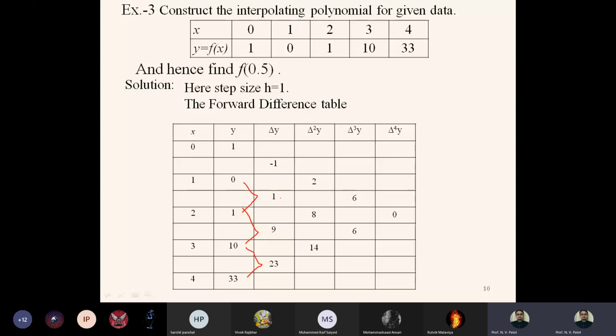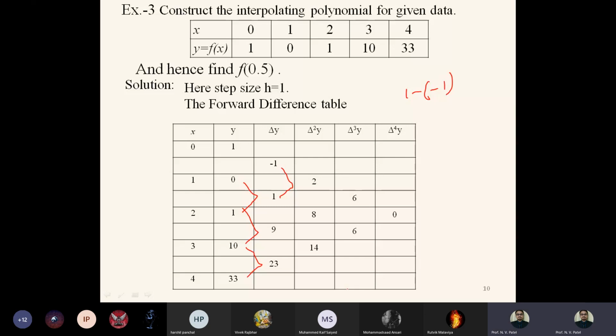The next is 1 minus minus 1. Be careful like this: here also it is a minus value, so 1 minus minus 1 is 1 plus 1, that is 2. 9 minus 1 is 8. 23 minus 9 is 14.